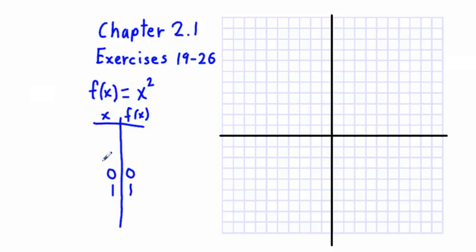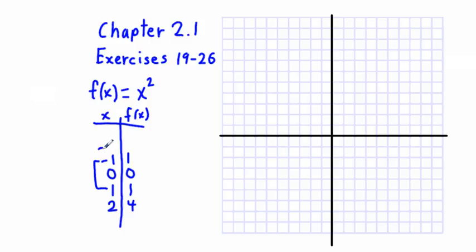And then for negative 1 on the other side of the 0, because of the symmetry of a parabola, the output for negative 1 is likewise going to be 1. And then if we have an input of 2, we have an output of 2 squared, which is 4.